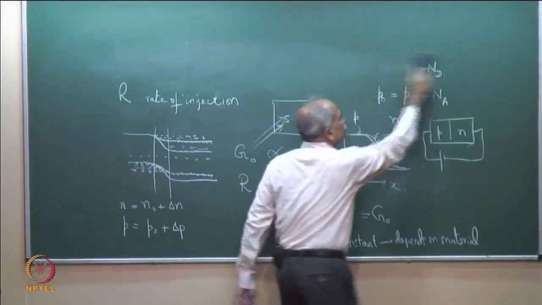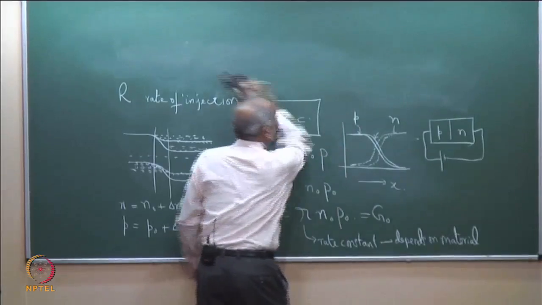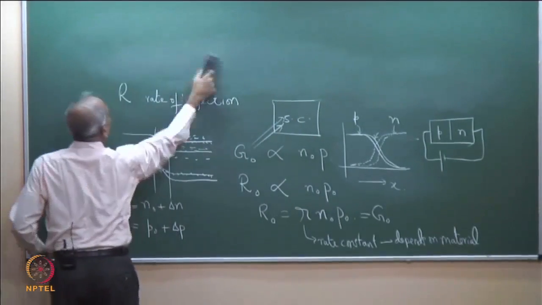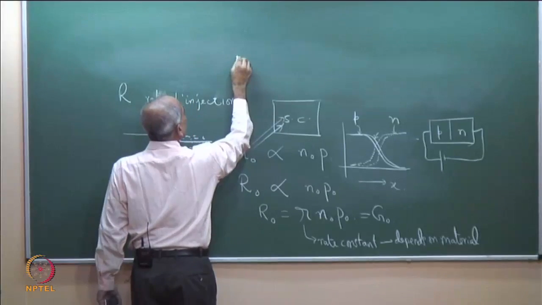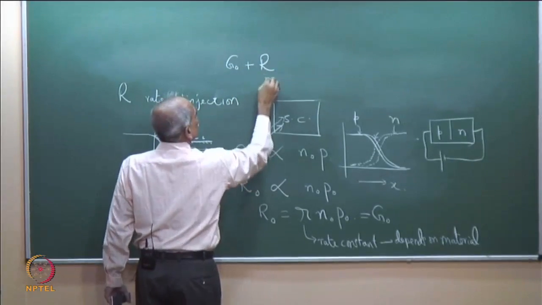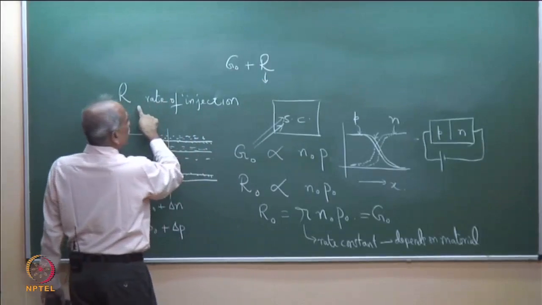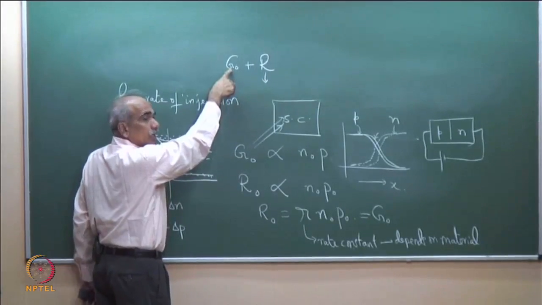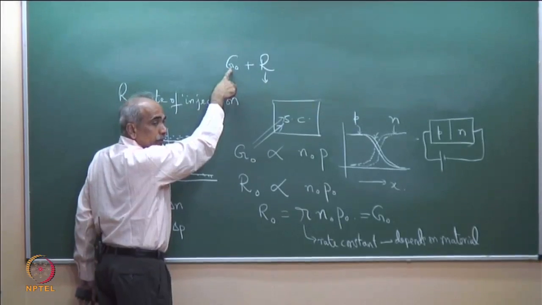And therefore, we now have rate of generation G0 plus R. R is the rate of injection. Please see, rate of generation due to thermal energy was G0.